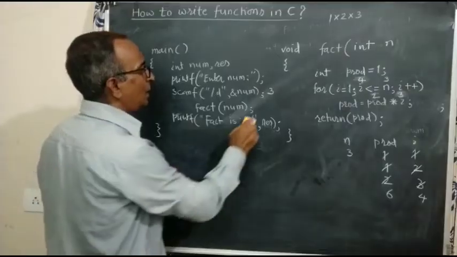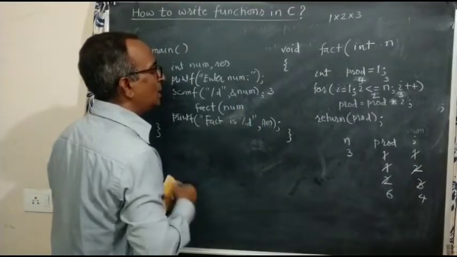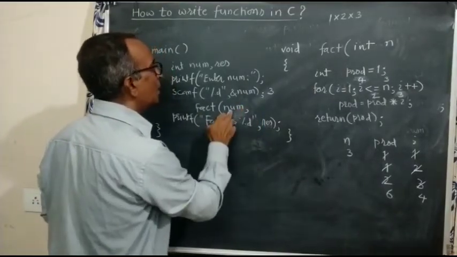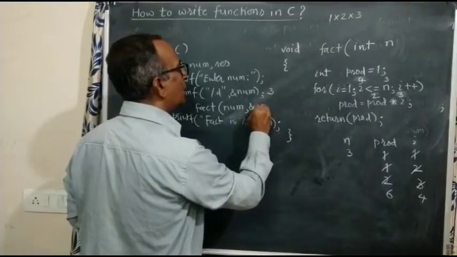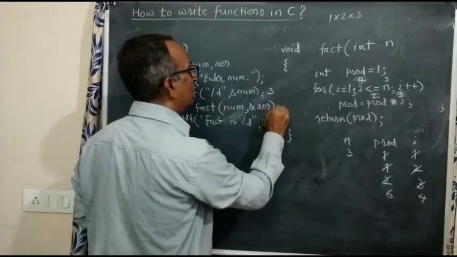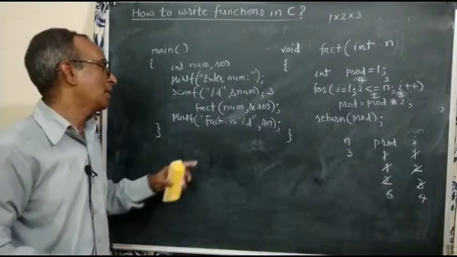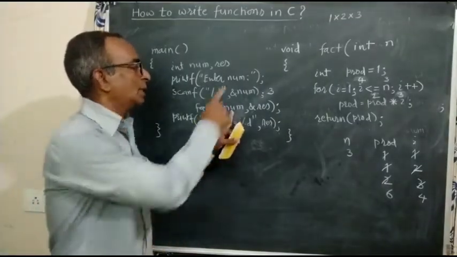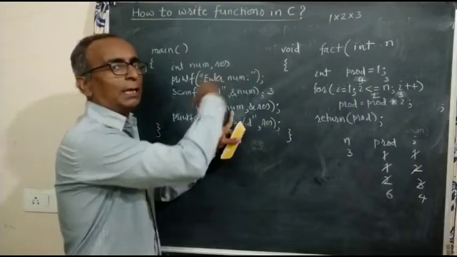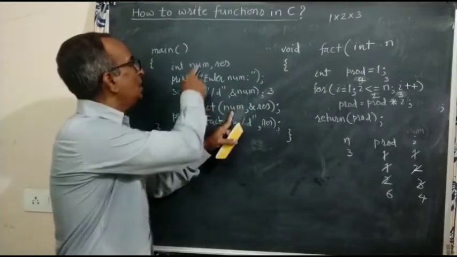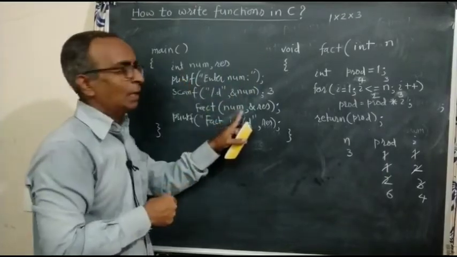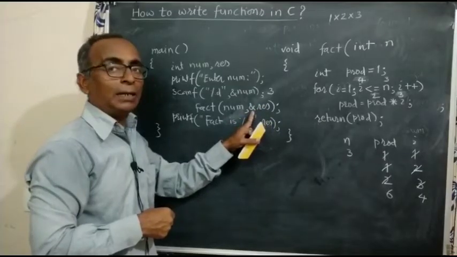Now instead, what I'll do is I'll pass the number and pass the address of the result variable. Now the containers, the formal parameters, should be of the same type. This num is of type integer. This result is an address.